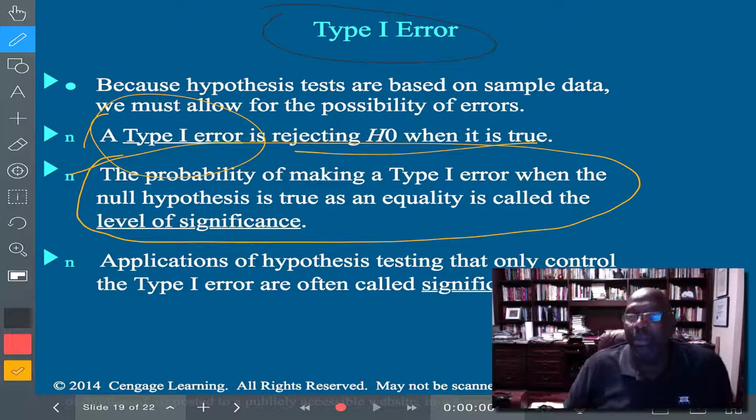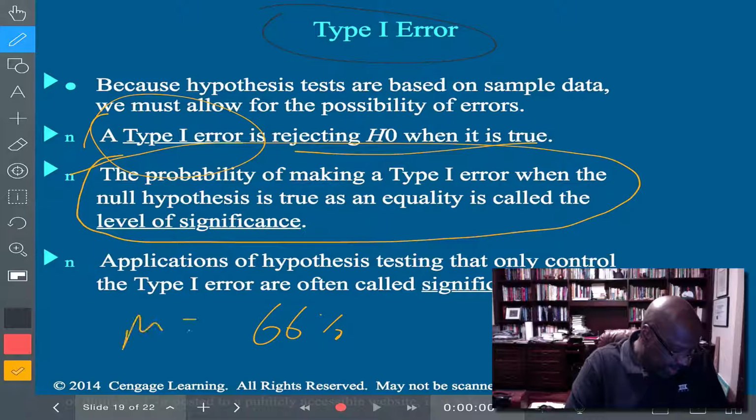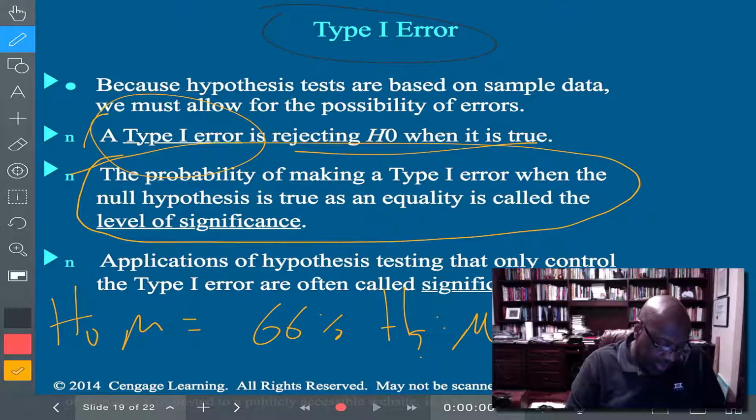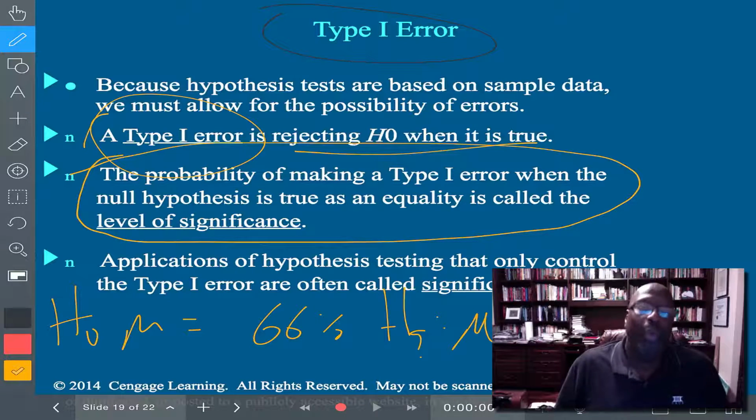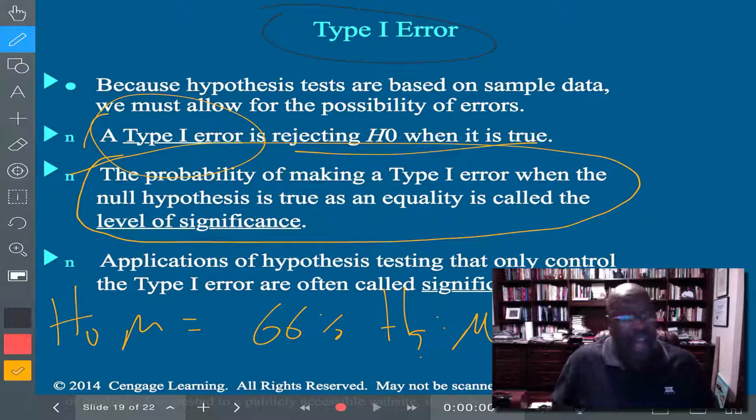So if, for example, we go back to our example with the average on a test, 66%, which is H0, and then HA, we wanted evidence that the mean is greater than 66%. And then I found the probability of 50 students having an average of 80. That probability was less than 0.1%. That's called the level of significance. So that's what I mentioned to you, that small probabilities are significant. Well, the level of significance is the value of that probability.